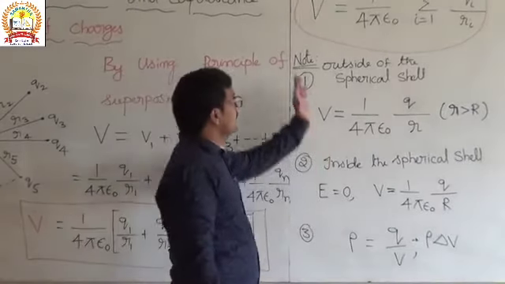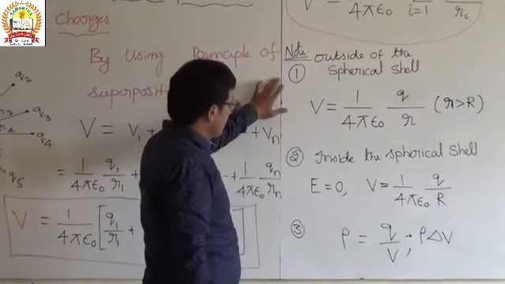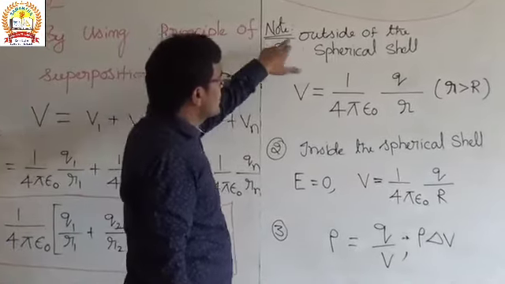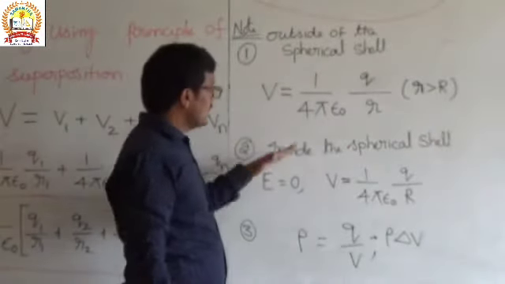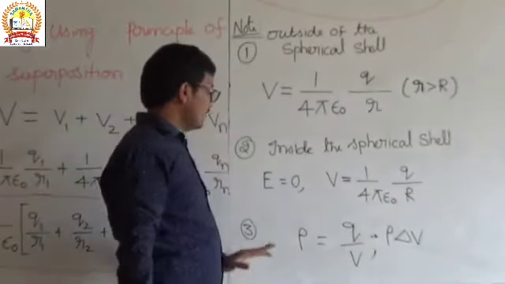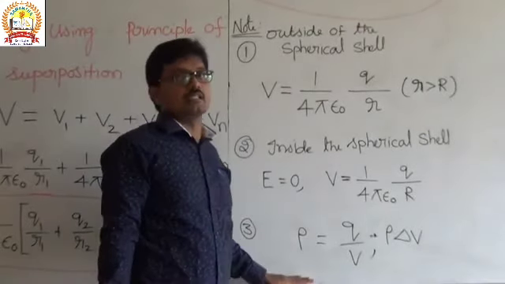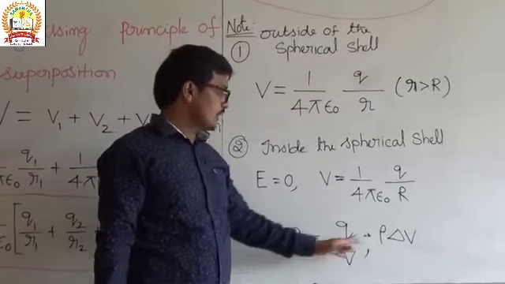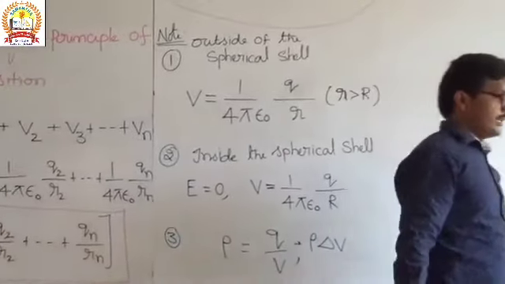These are the 3 points regarding the potential: potential outside of the spherical shell, inside the spherical shell, and when we want to calculate the continuous charge distribution in terms of volume density.